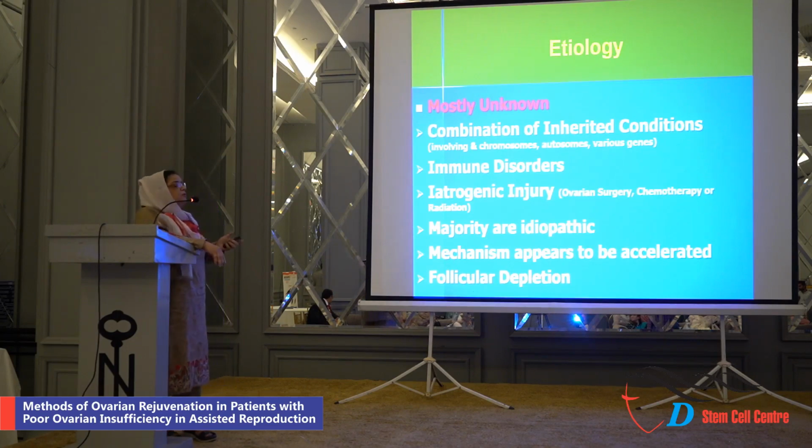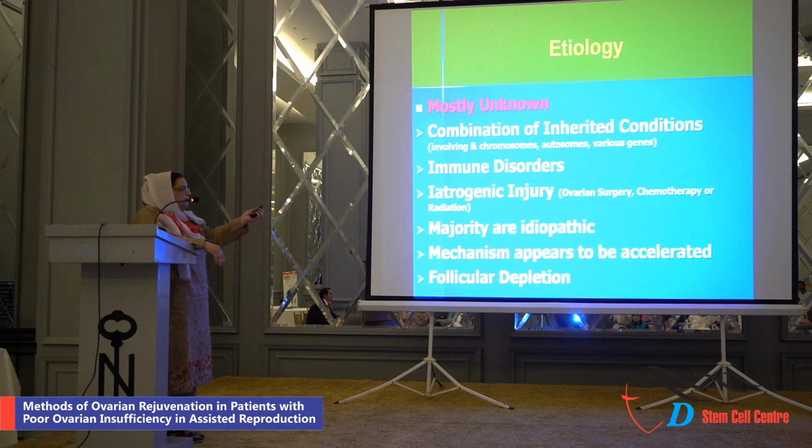Mostly, the etiology, we don't know why the patients have poor ovarian response or primary ovarian insufficiency. Mostly they are idiopathic, but it may be a combination of inherited factors, that is chromosomal, autosomal, genetic problems, immune disorders, or iatrogenic injury because of surgery, chemotherapy or radiotherapy.